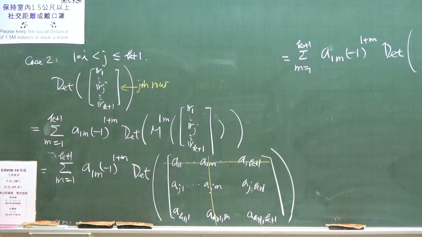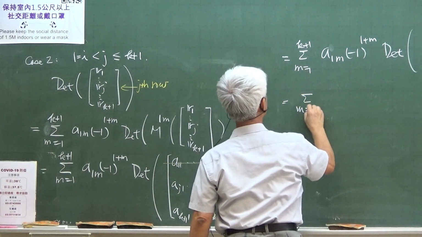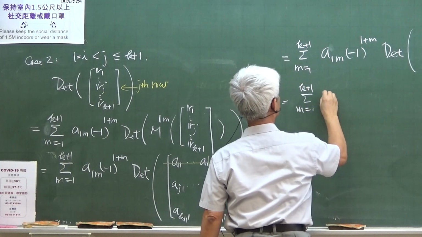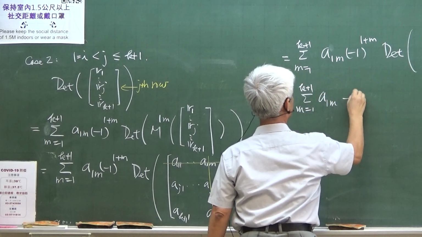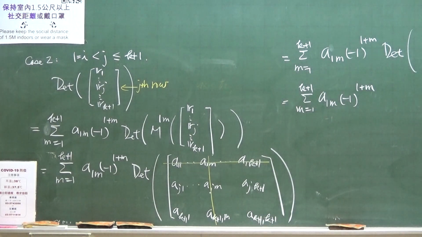Right. So this one is a k times k matrix. And we already know that the determinant function exists and is unique for any k by k matrix. So we can do the expansion.